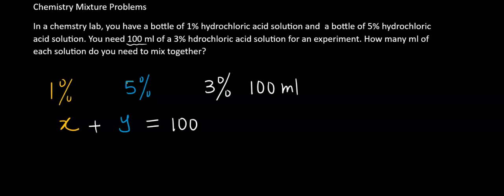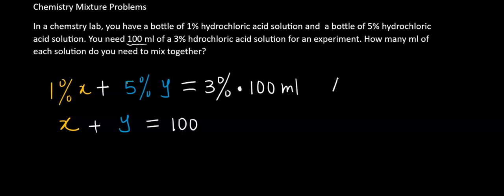We said 1% is X, so 1% of X milliliters is multiplication. And 5% of Y, that's multiplication too. So 1% of X plus 5% of Y is 3% of 100 milliliters. We put it together and it equals.